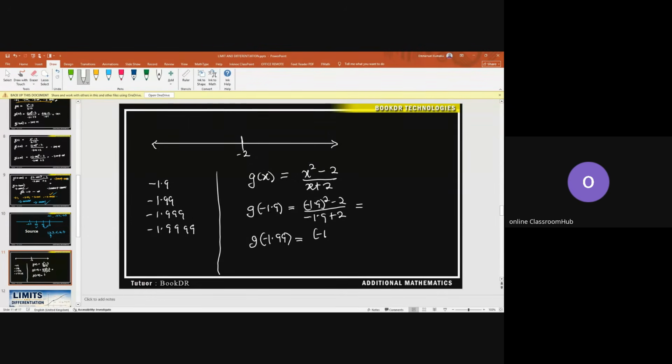So it will be -1.99 all squared minus 2 over -1.99 plus 2. Then the third one, g of -1.999, it will be -1.999 squared minus 2 all over -1.999 plus 2. So use the calculator for the values. I'm giving you 5 minutes.